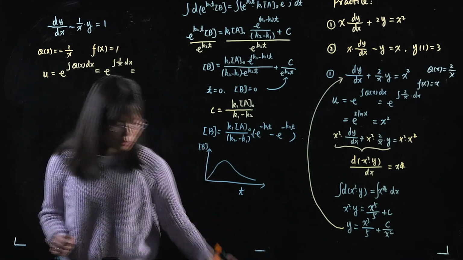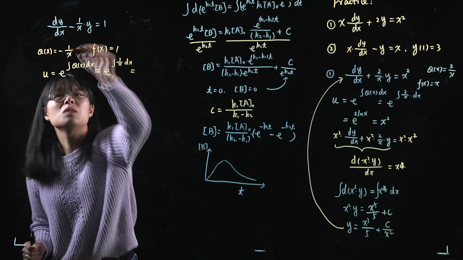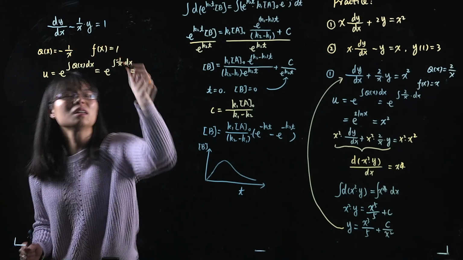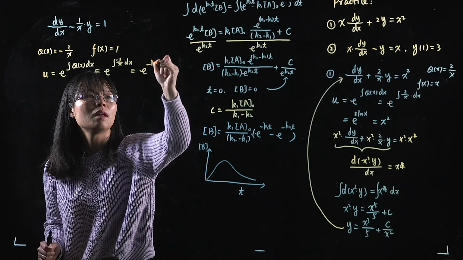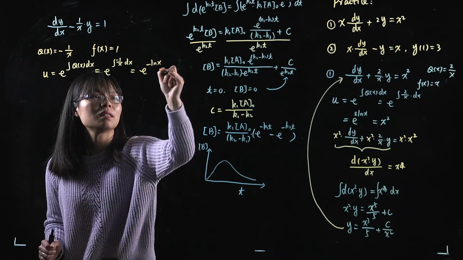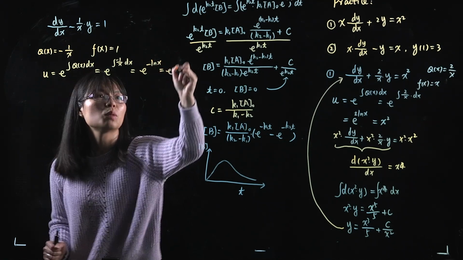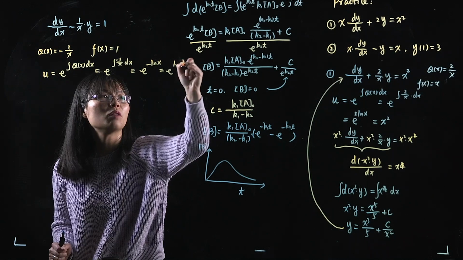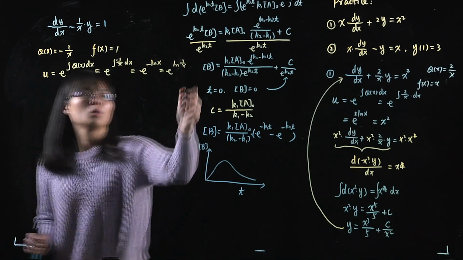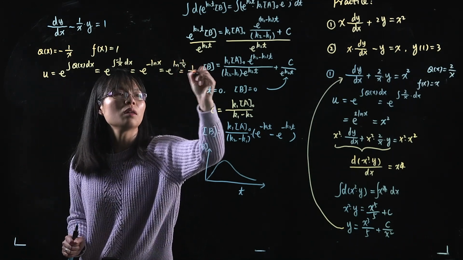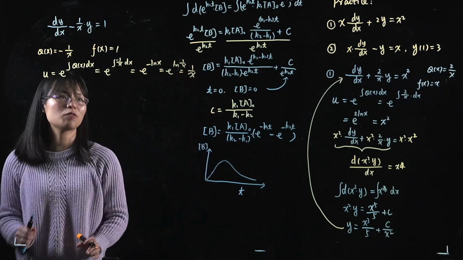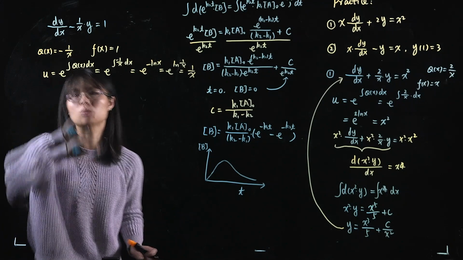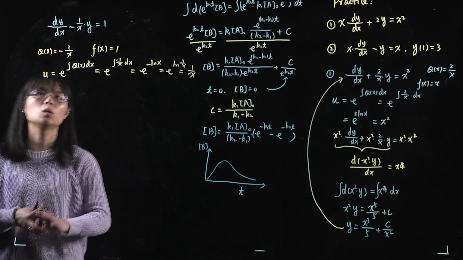And we are going to get, do not forget about the negative sign here, e to the negative log x. This is also equivalent to exponential log 1 over x, which will give me 1 over x, because the log and exponential can cancel, which gives me 1 over x as my integration factor u.